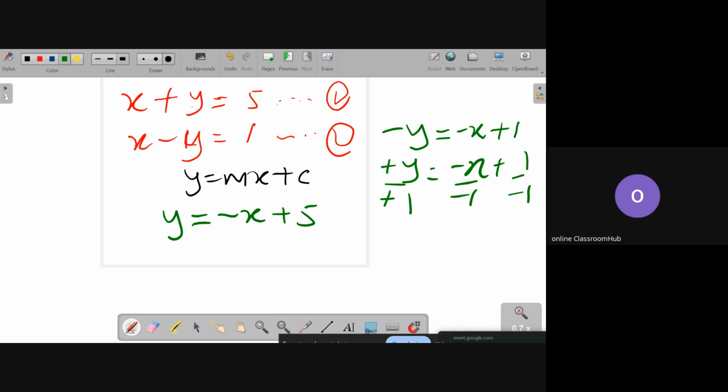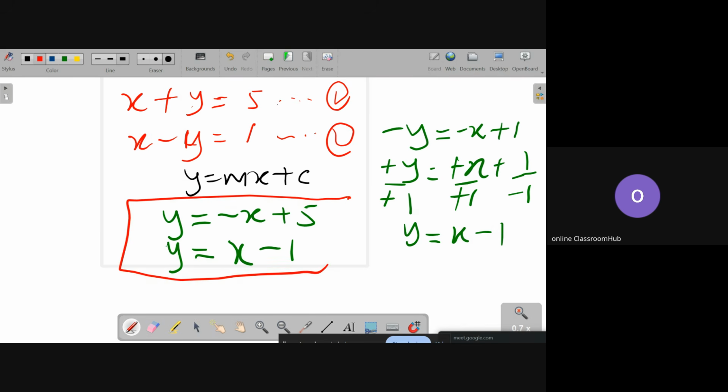Negative will cancel negative. We have y is equal to x. Then 1 over negative 1. Don't forget that the negative affects everything. So that will give you what? Negative 1. So that will become the slope-intercept form for equation 2. y equals x minus 1. This is the slope-intercept form for the two lines.